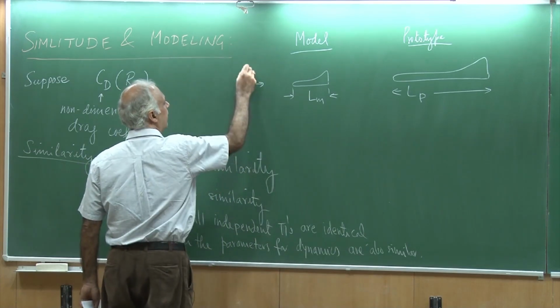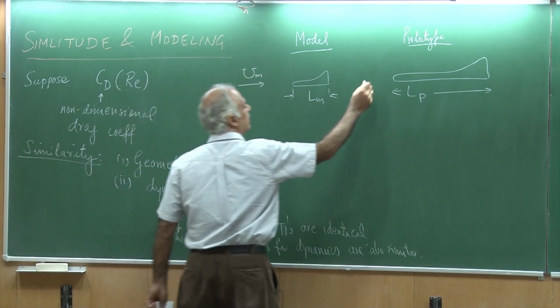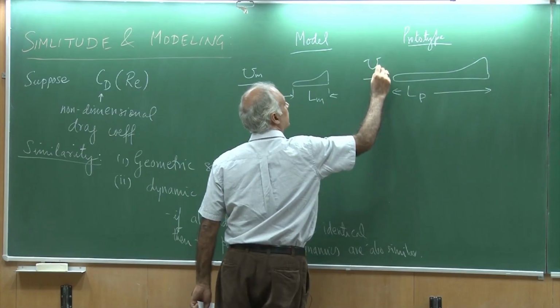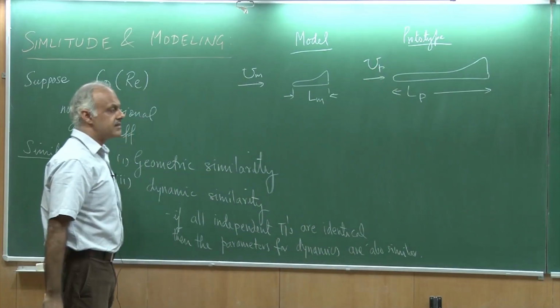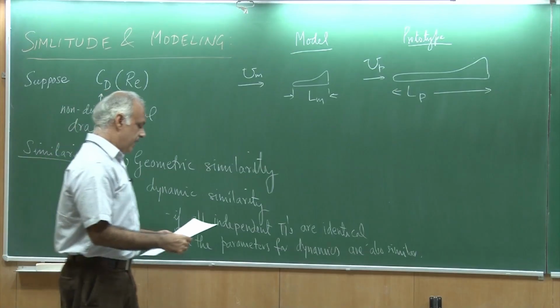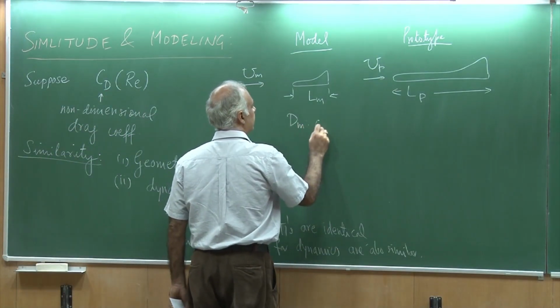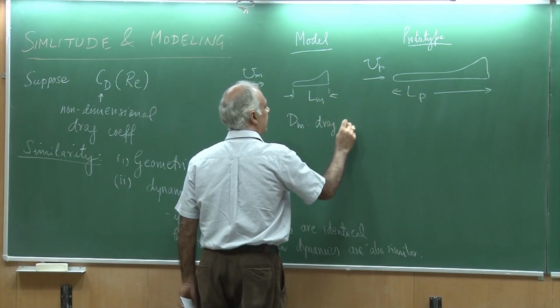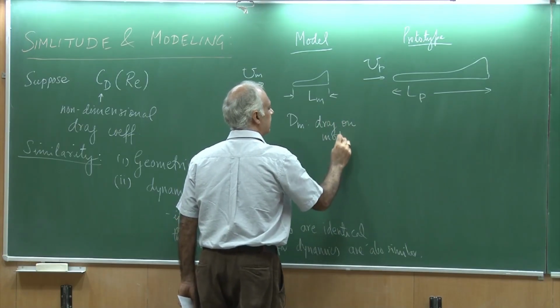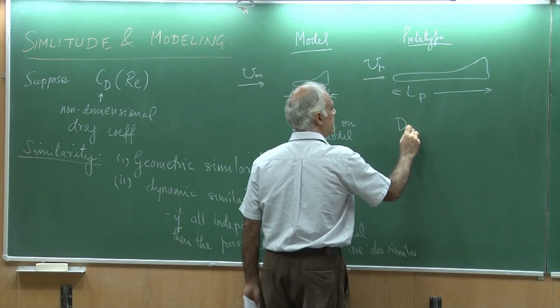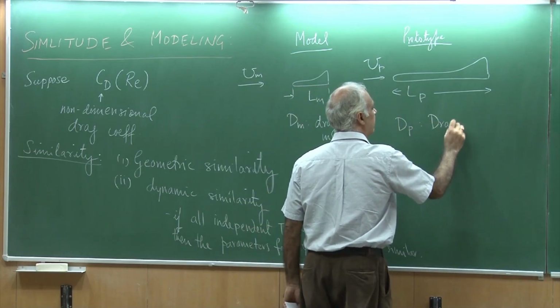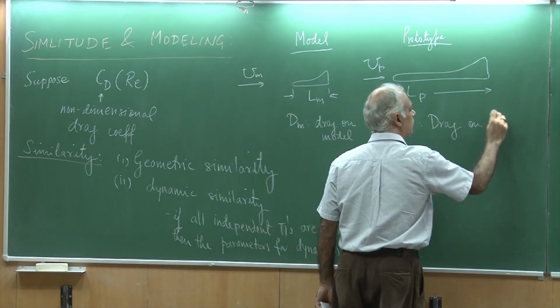I had a speed of Um here, and a speed of Up here. And Dm, let us say, is the drag on the model, and let us say Dp is the drag force on the prototype.